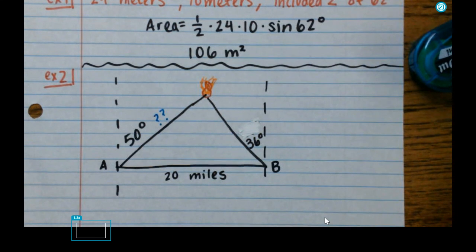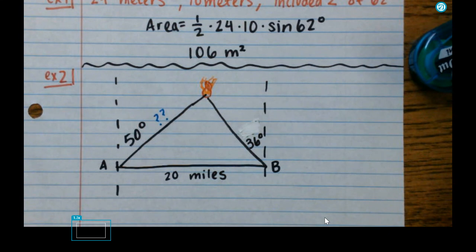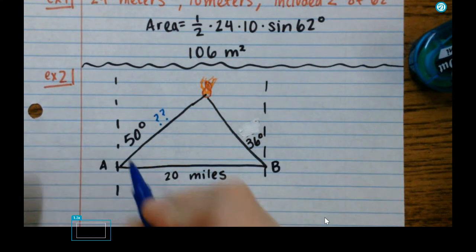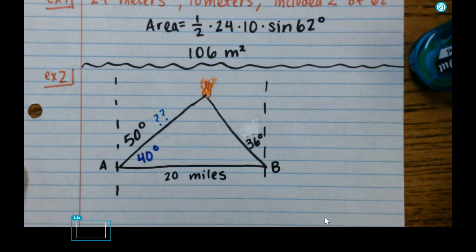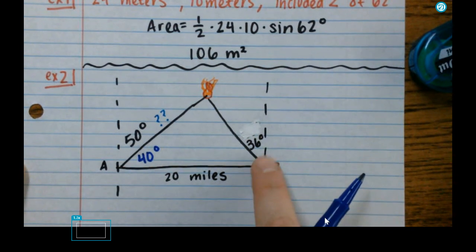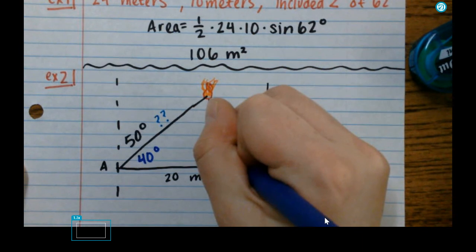Okay, first thing that we need to figure out, since our bearings are these external angles, this angle right here is going to be 90 minus 50, so that's 40 degrees. And then this angle right here is going to be 90 minus 36, so that is 54 degrees.